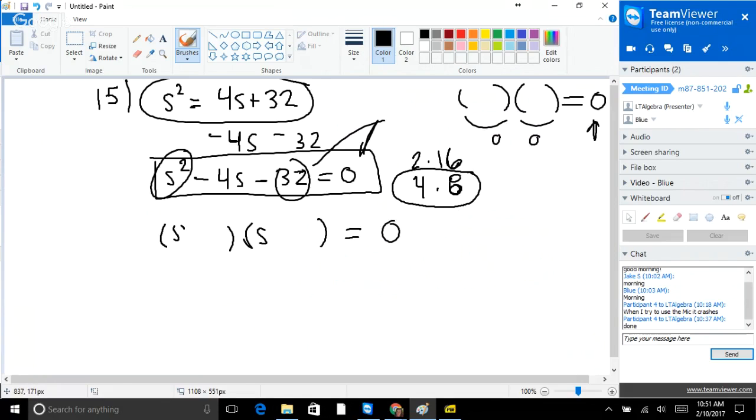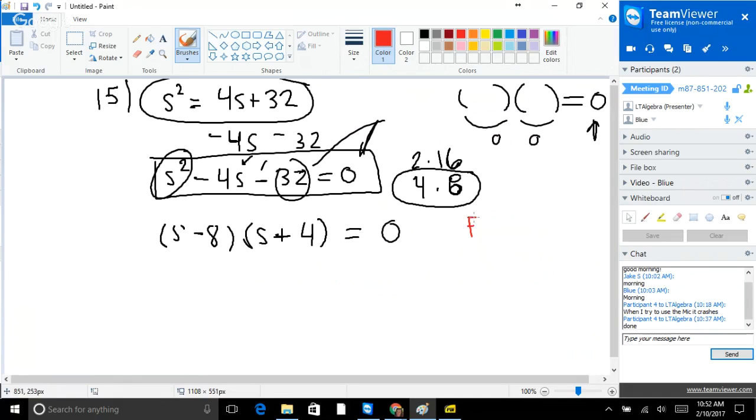4 and 8, right? So I think 4 and 8 might work because we want a 4 right here. So 8 times 4 is going to give me 32. One is going to be negative and one's going to be positive. So let's make that one negative, right? And let's make this one positive. And then we double check our FOIL off to the side, right?